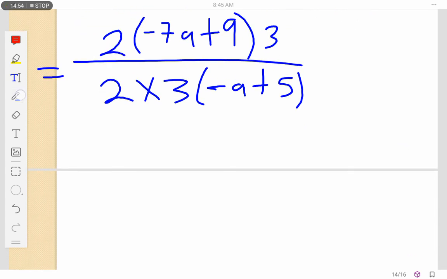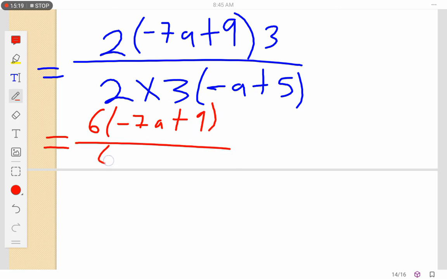Let me try to remove the brackets. If I remove the brackets for the first one, I'll have 3 times 2, we get 6 there. Then I'll have my 6 by minus 7a plus 9 over 6 by minus a plus 5 there.